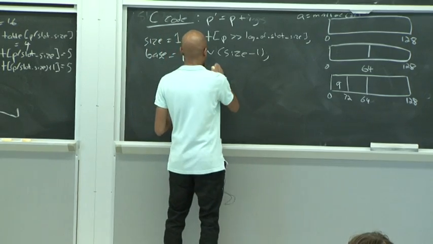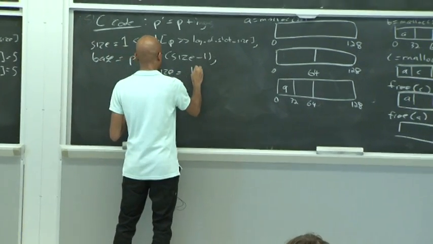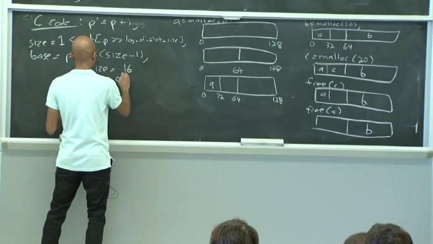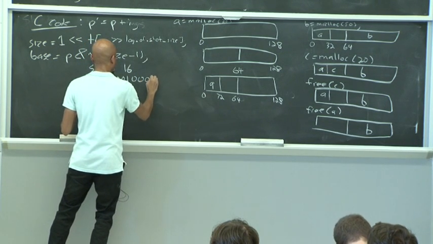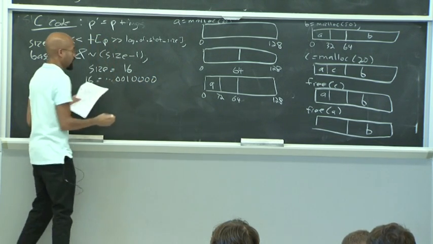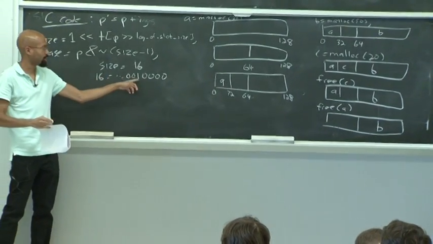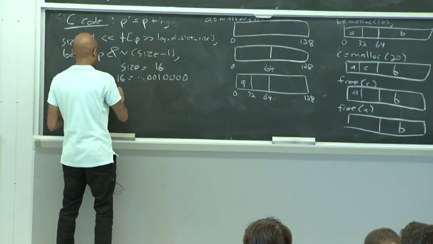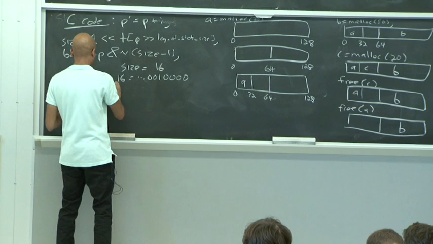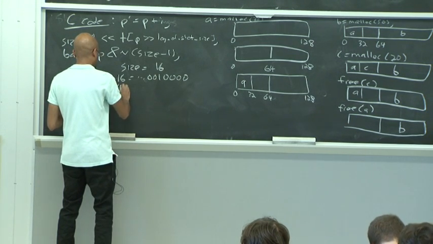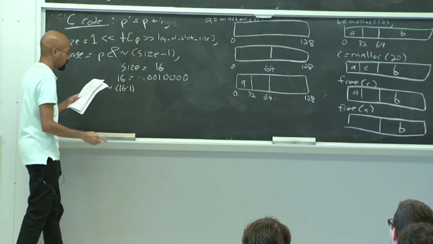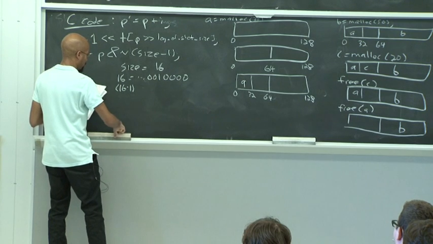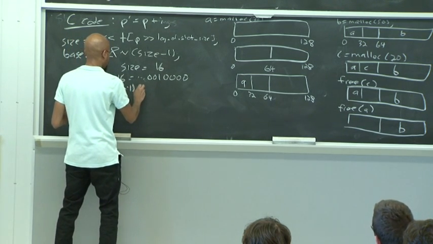And so imagine that your size equals 16. So 16 equals this in binary, right? There's a bunch of zeros off this way, then we've got a 1 here, and some zeros over here. So if we look at 16 minus 1, what's that going to look like?